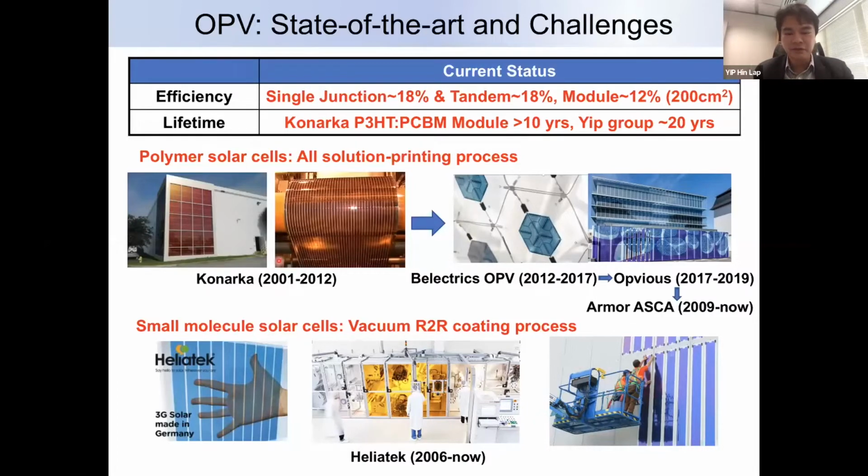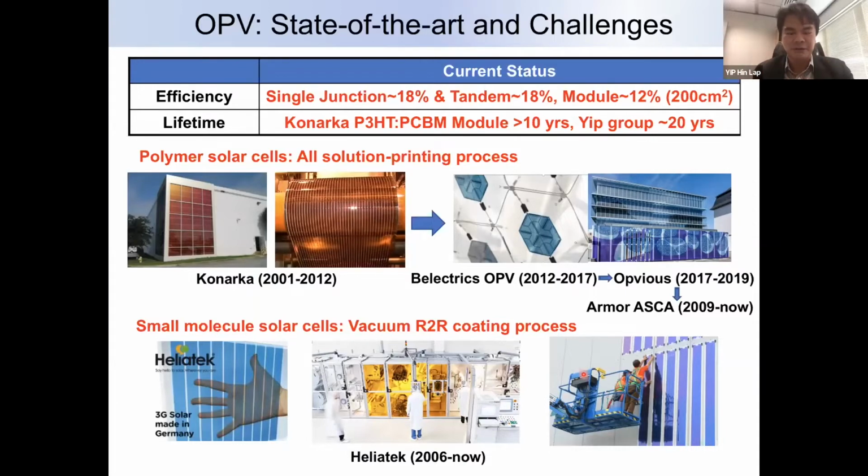Several companies also focus on the manufacturing of organic solar cell, and they have demonstrated that, with roll coating process, either solution or vacuum deposit process, they can also make a solar cell that is flexible, very nice looking, and looks very different from the inorganic solar cell.